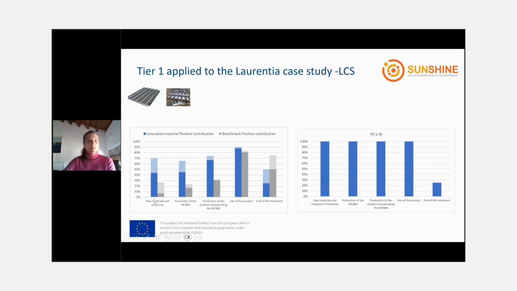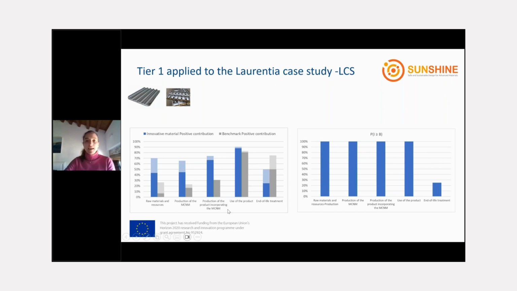Here you can see in blue the innovative material, and in light blue the uncertainty related with the evaluation of the innovative material, in gray the benchmark, and in light gray the uncertainty related with the benchmark.